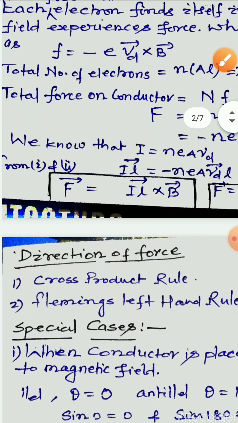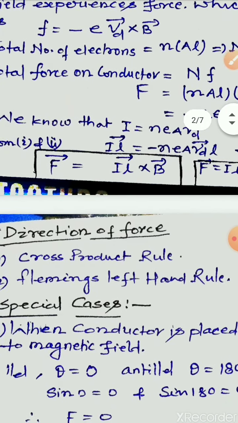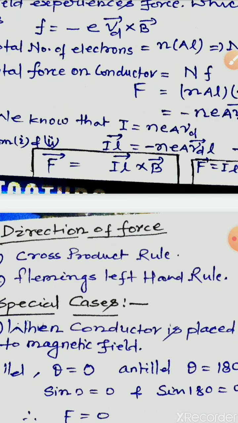Using Fleming's left hand rule, we can also determine the direction of magnetic force on a current carrying conductor, which says that stretch the first finger, the second finger and the thumb of your left hand in such a way that they are perpendicular to each other.